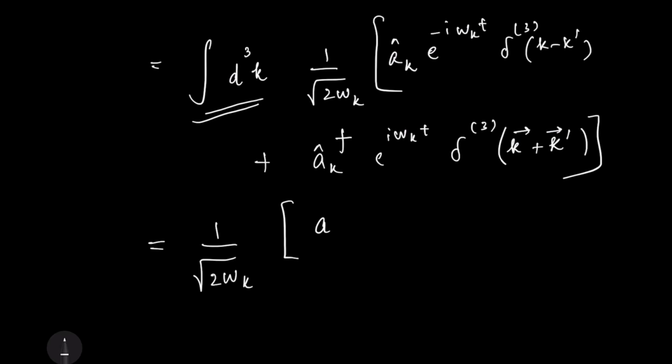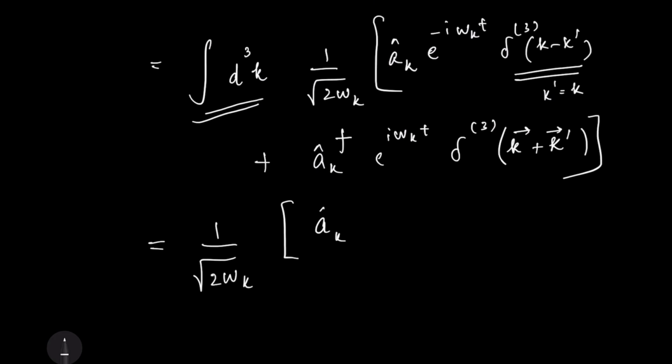Here, if I want to integrate del cube, then k minus k prime must be 0, which means k prime must be equal to k. So in this first term, wherever there is k prime, I can put k instead.